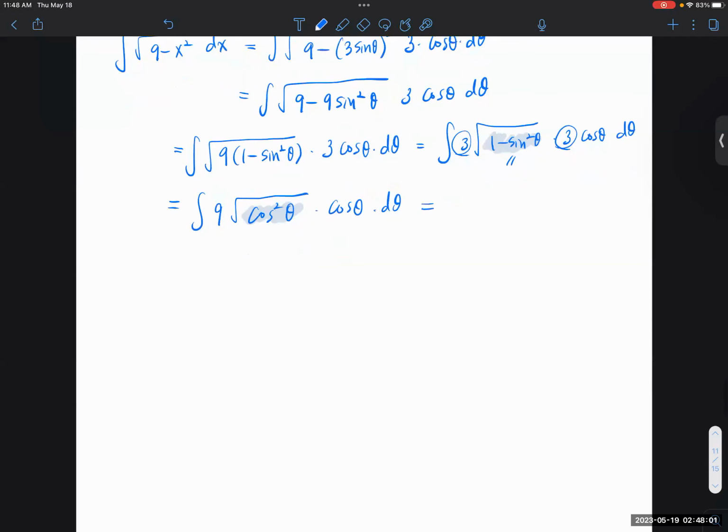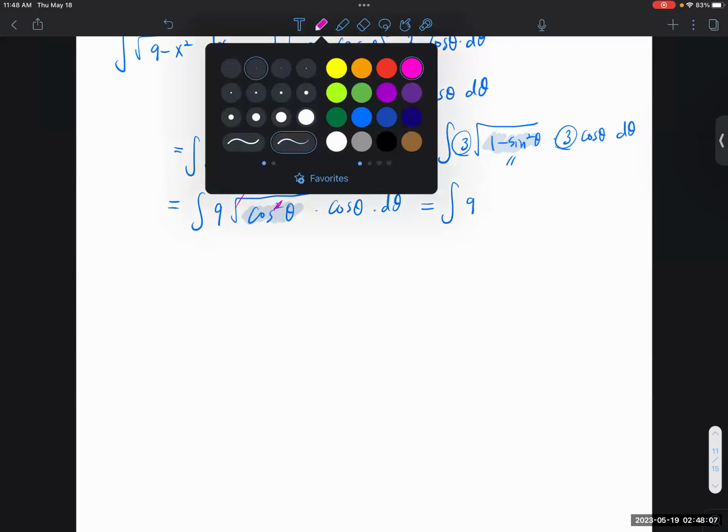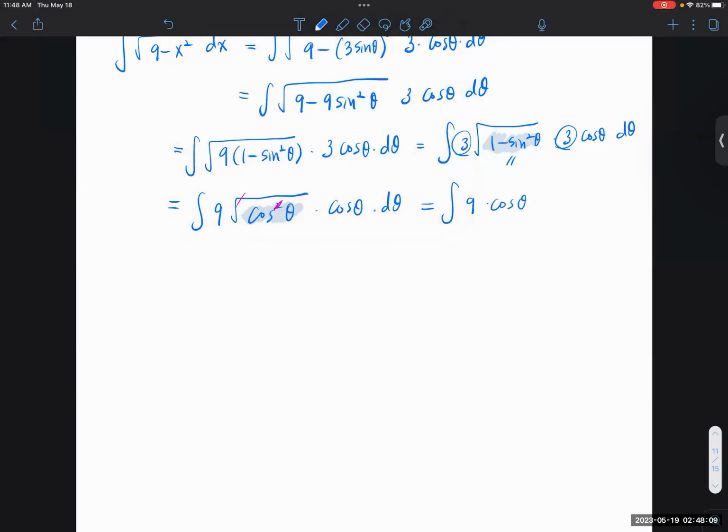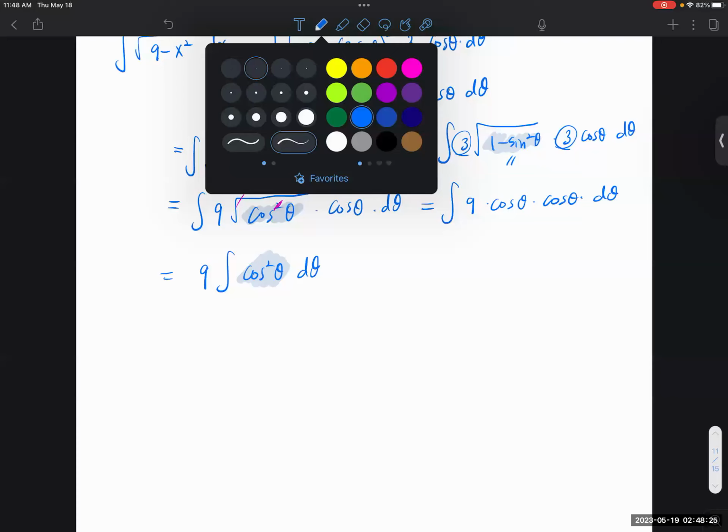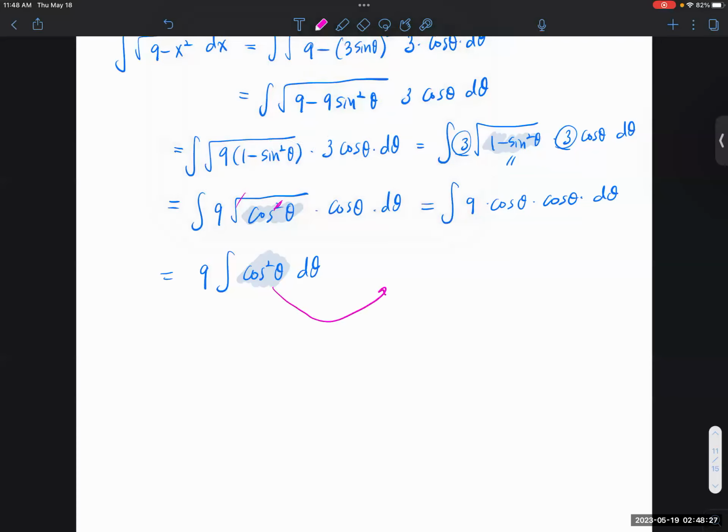So that is going to be the integral of 9. Second power and radical cancel. So it is going to be cosine theta, and we have another cosine theta d theta. So we have 9 integral cosine squared theta d theta. So we have another squared theta. Do you remember? We're going to use the power reducing identity.